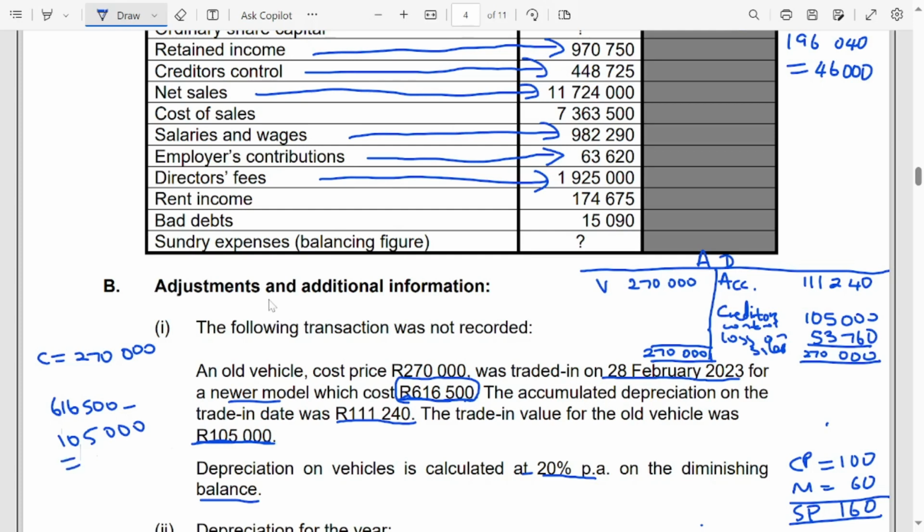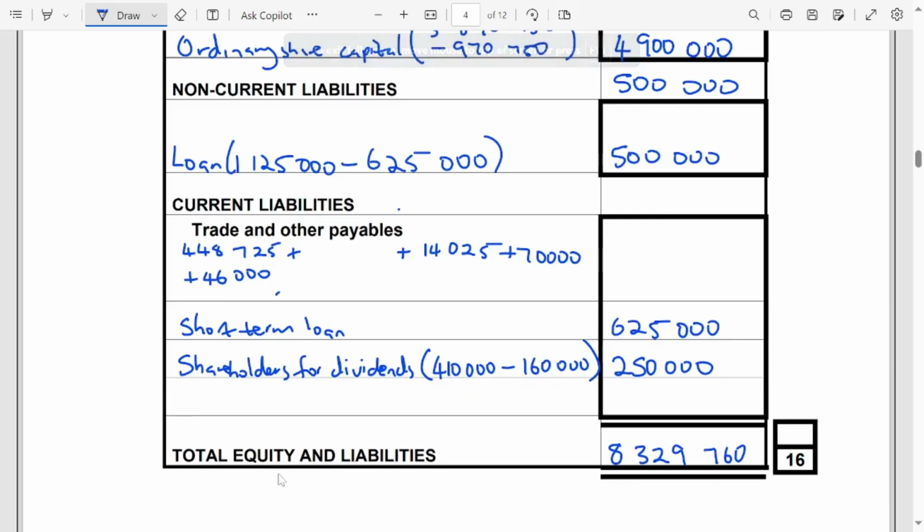So which we are going to record in the balance sheet. 616,500 minus 105,000. That is going to be 511,500. Right? Okay. Then now we're going to record this under trade and other payables. 511,500.